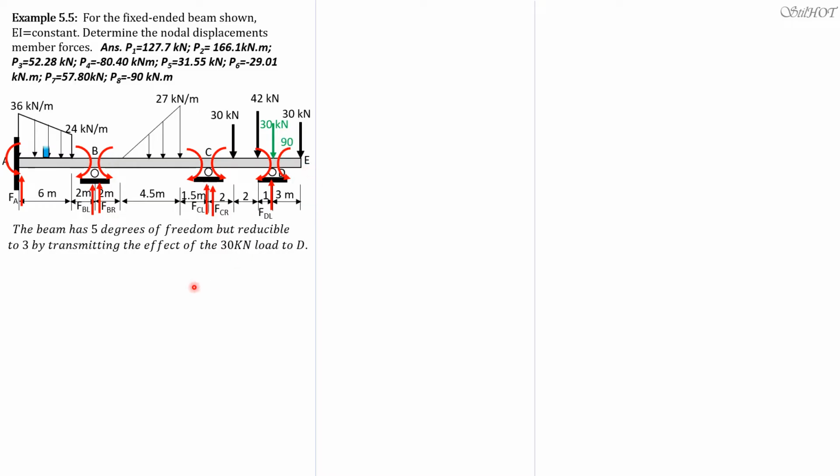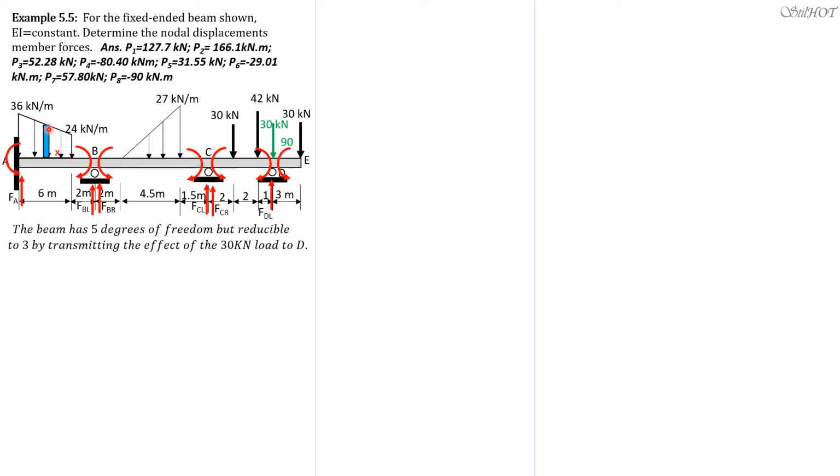So for fixed moment AB, because we have a varying load here, we consider a strip. Let's call the distance from this 24 loading to that strip as x, and divide the loading into two parts, rectangle and triangle. But we consider this as a whole trapezoid.